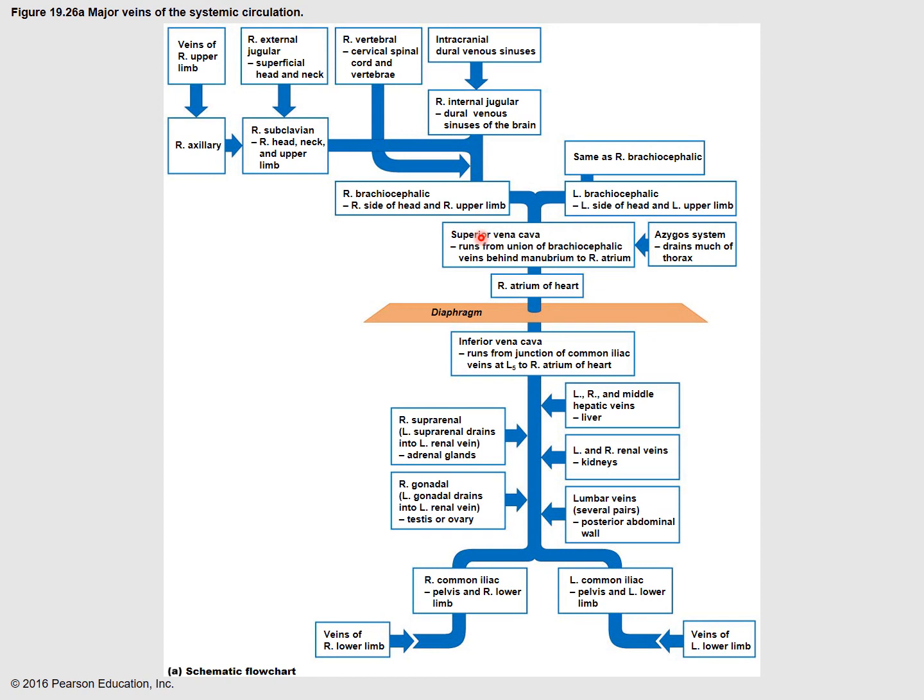The superior vena cava is going to be returning blood from the head, the neck, and from both of the limbs. The veins merge together, forming the superior vena cava, and return that to the right atrium.